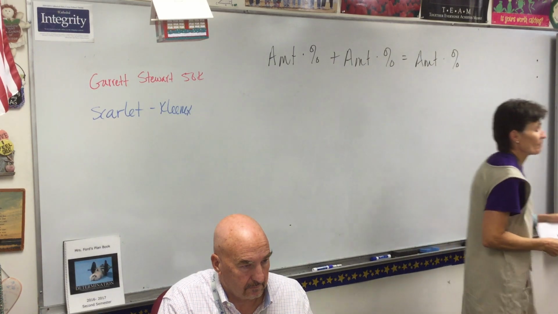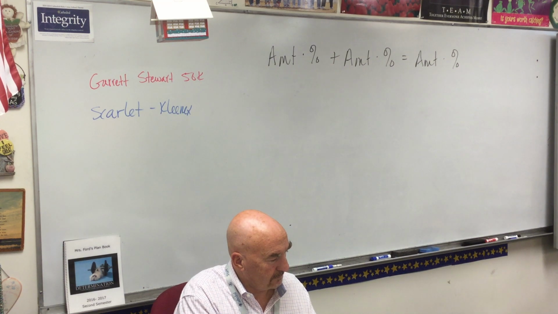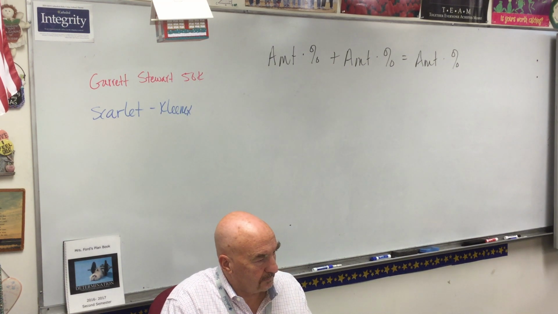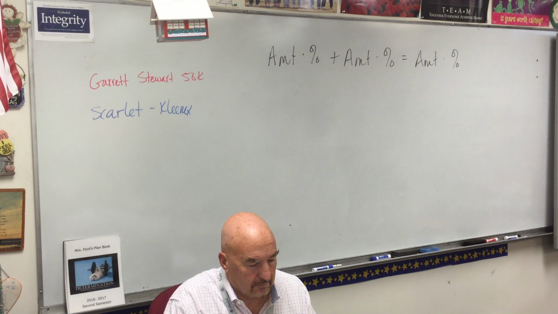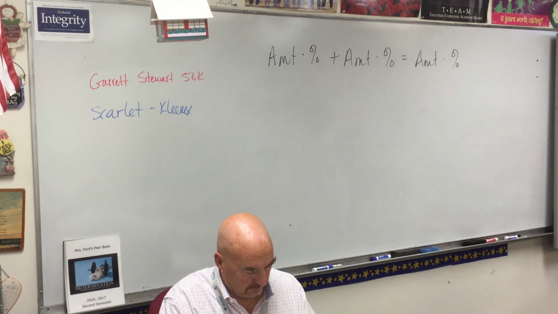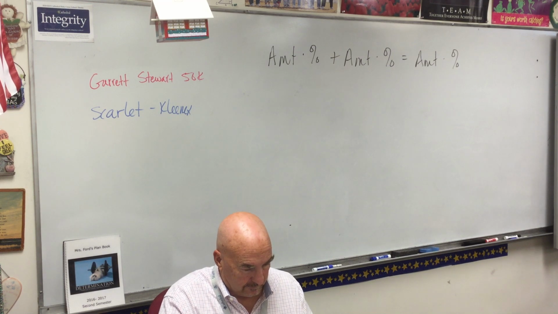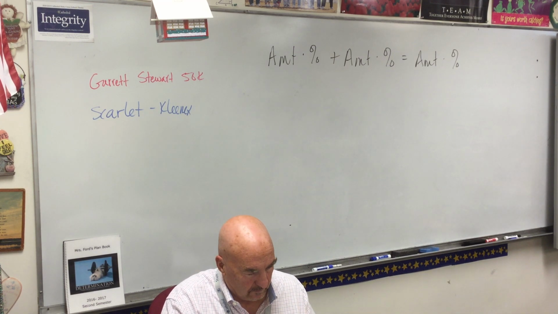But I can tell that problem I is a solution problem, a mixture problem. So I set up my framework, and my framework is amount times percent plus amount times percent equals amount times percent. Easy, right?